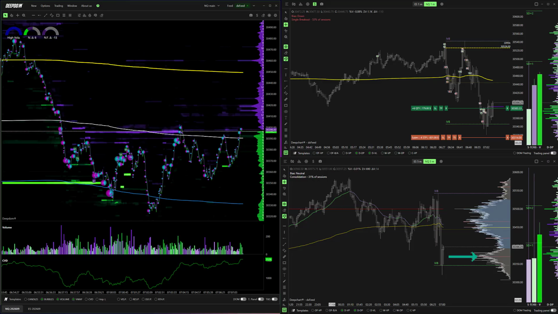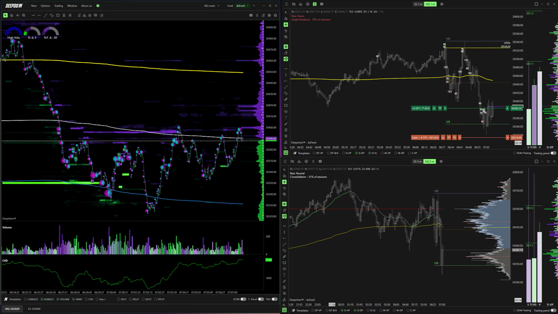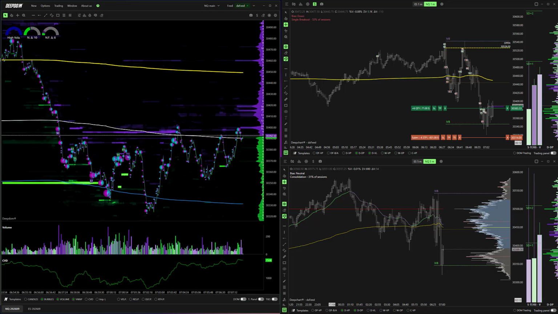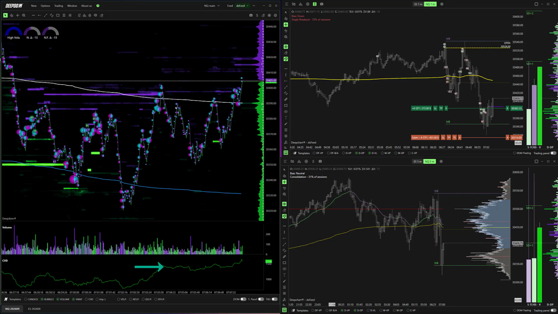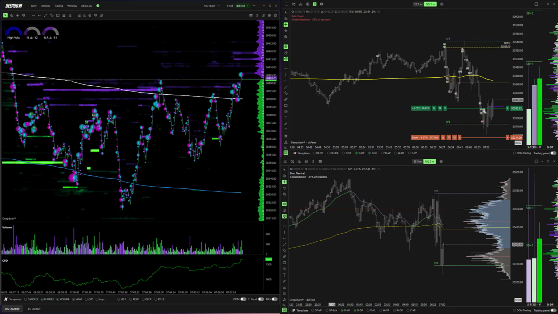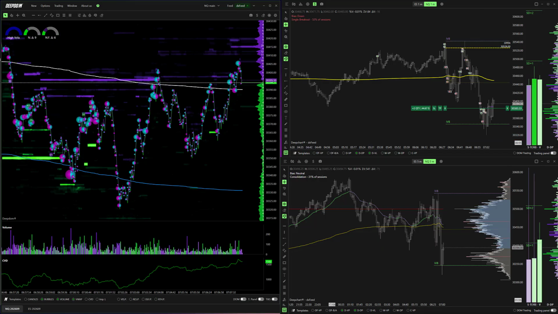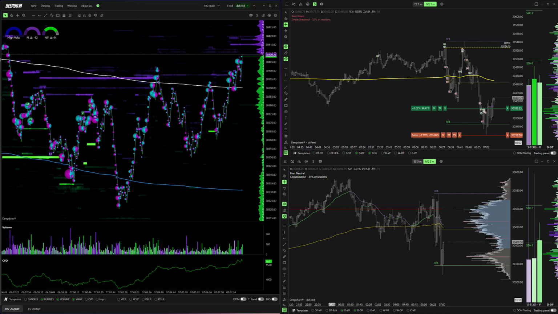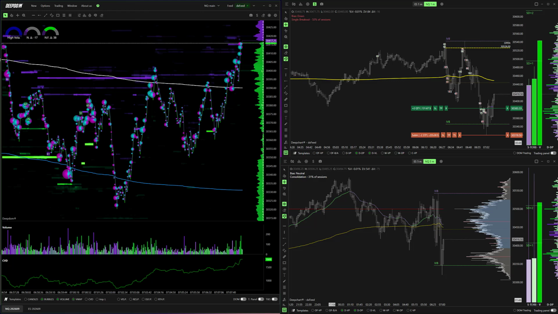At the same time, I was looking at the heat map and I saw the cumulative delta suggesting that buyers were quietly absorbing the selling pressure, which basically created divergence. On the surface, the market looked weak, but underneath it, buyers were becoming more active.